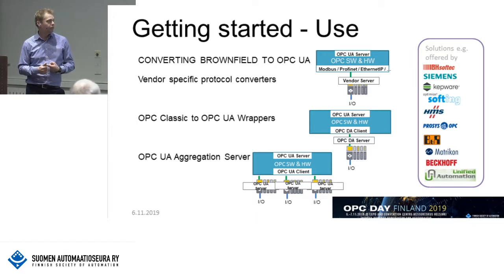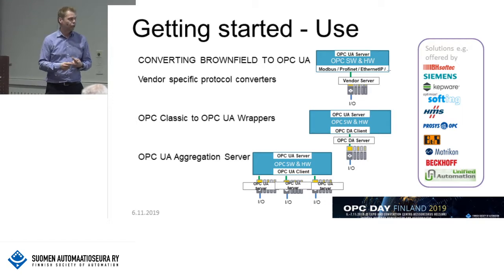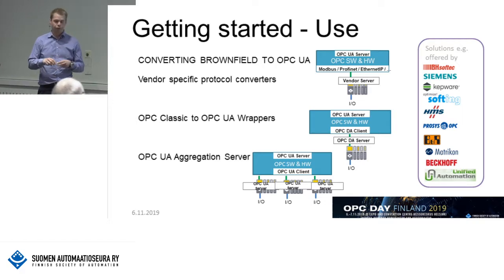The first type is that you have to convert all kinds of vendor-specific protocols to OPC UA. The second type is that you have an existing OPC classic DA server typically, or even HDA and alarms and events server, but you need to convert that to an OPC UA server.